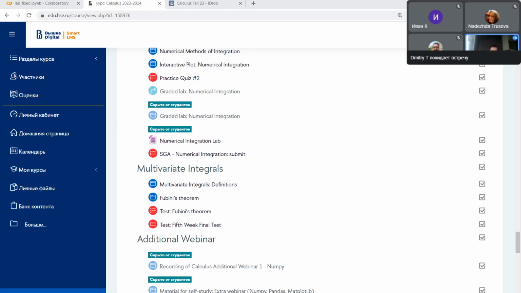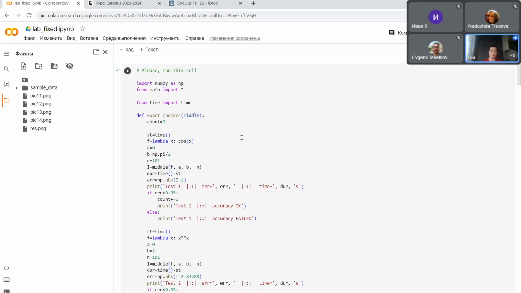Lab pure is the file with the lab as it looked on Coursera, and lab fixed is such a lab, but I added some details. First of all, I blended CheckerPy and lab pure, so now lab fixed looks like this.